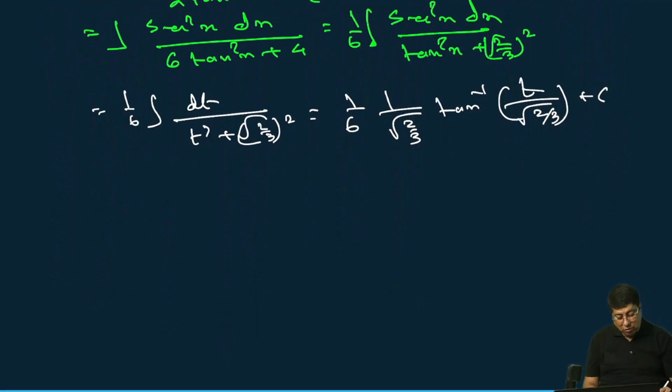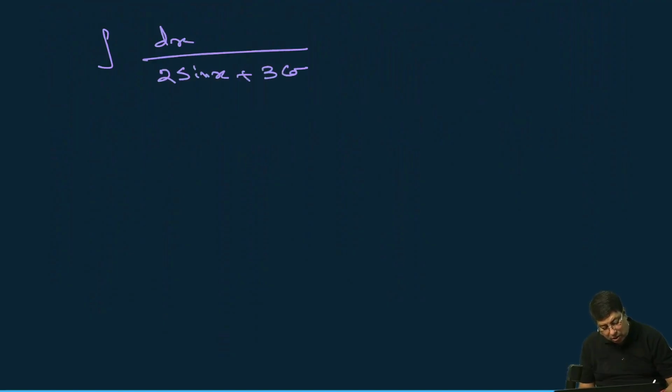Okay, one more question. Suppose the sum becomes integration dx by 2 sin x plus 3 cos x whole square. What will we do? Once again, we will multiply by sec square x.